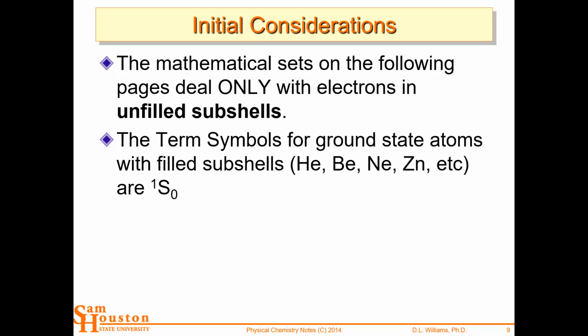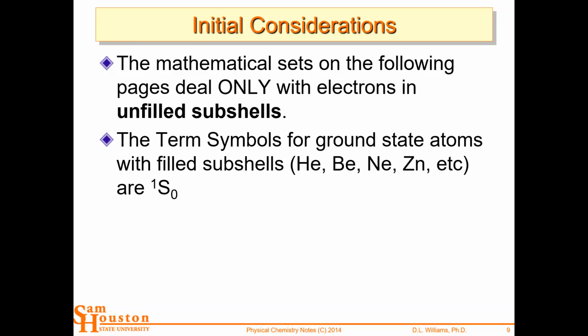Carbon has 6 total electrons, but we're only dealing with 2. It's a p2 system. Look at the periodic table and you see carbon where it is. Silicon is also a p2 system: 2 electrons in the p subshell, which is the only unfilled subshell that you have. And so you're just dealing with those 2 electrons.